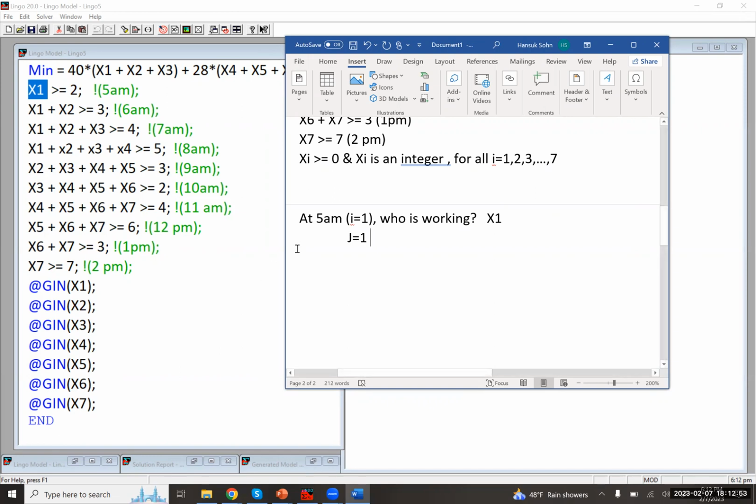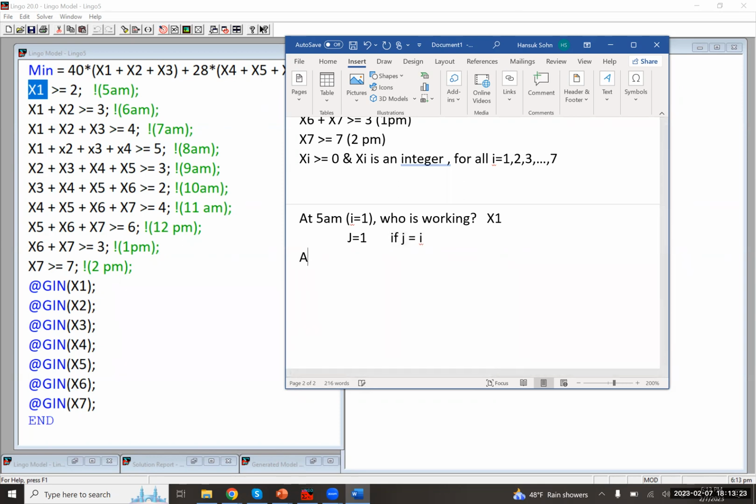My question is how to get the j value which is equal to 1. If we put the restriction j equals I, in this case I has the value of 1. So if we include this condition, then j will take the value of 1, right?